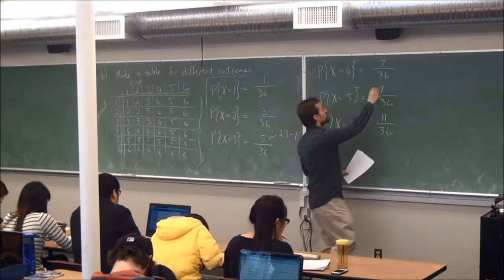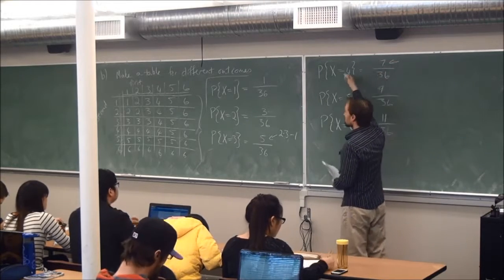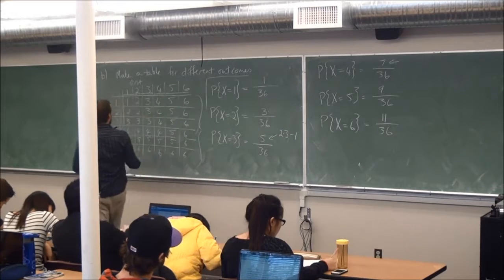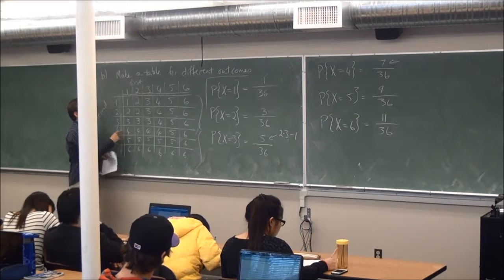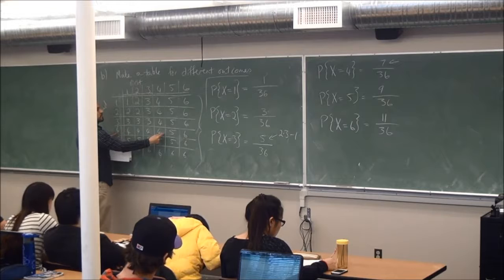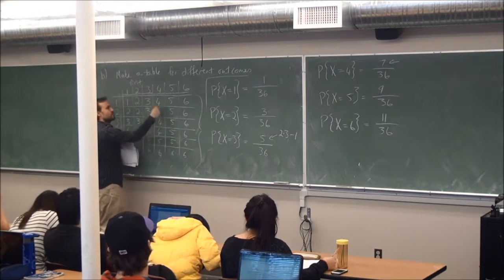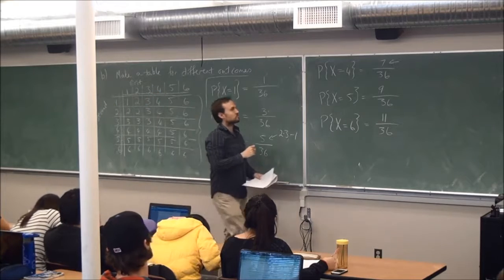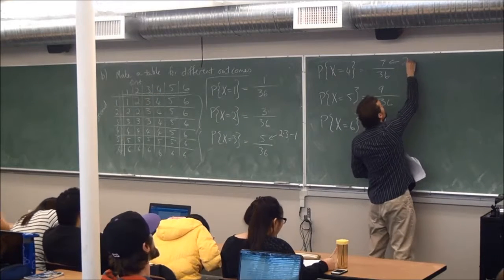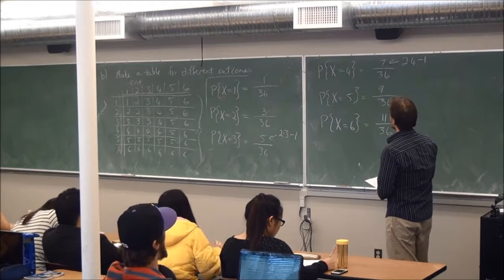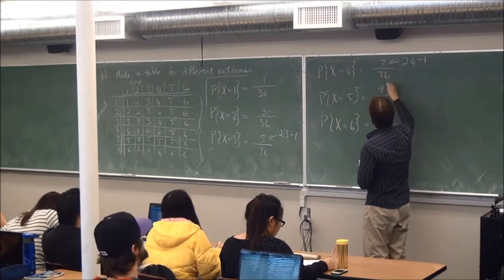Let's see what happens with this one. I'm trying to see a pattern so that I don't have to list them all. I can sort of merge them into one expression. When I'm looking for the outcome of 4, I have 4 of them in the row, and then 1 less up. So it's almost 2 groups of 4, but I have one less than that, giving me 7.